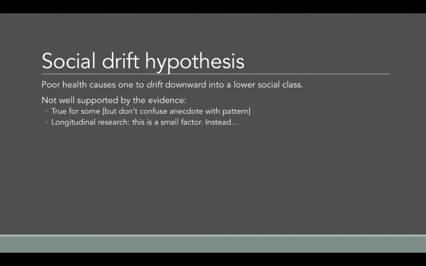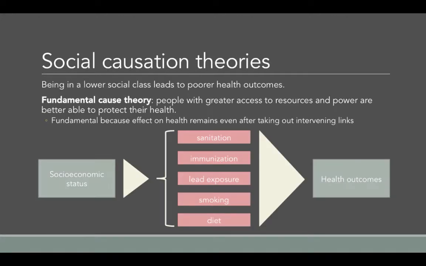So rather than this idea of a social drift downwards, the research much more strongly points to social causation. Social causation theories argue that being in a lower social class is what leads to poorer health outcomes, not the other way around.